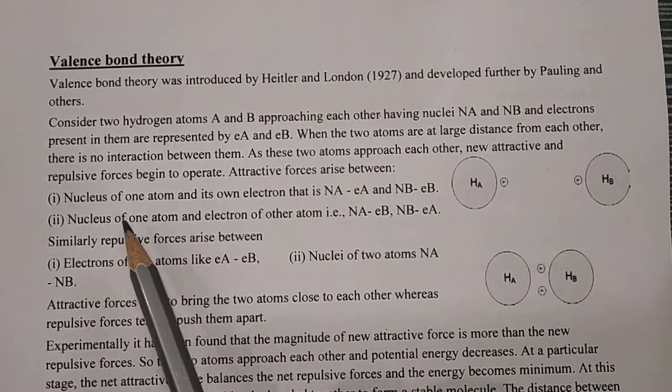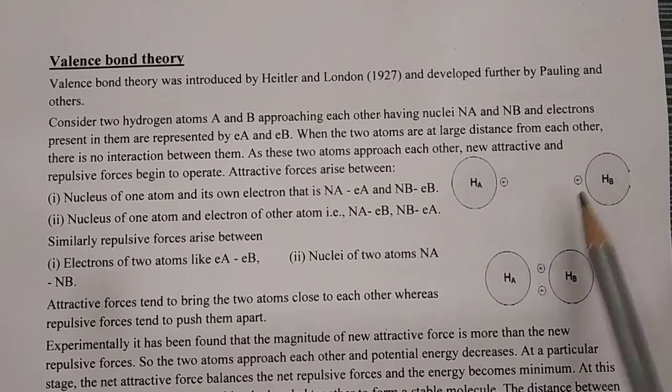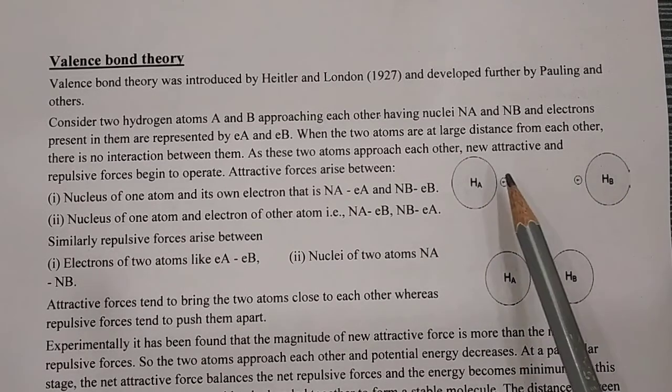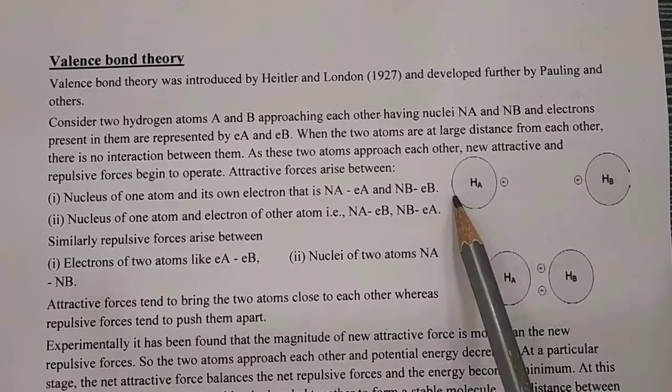Second, nucleus of one atom and electron from the other, that is Na with Eb and Nb with Ea. That is your second two types of attraction forces. Similarly, repulsive forces are between the electrons of the two atoms, obviously minus-minus repulsion, Ea with Eb, and Na with Nb. So there are 4 different kinds of attraction and only 2 types of repulsion.